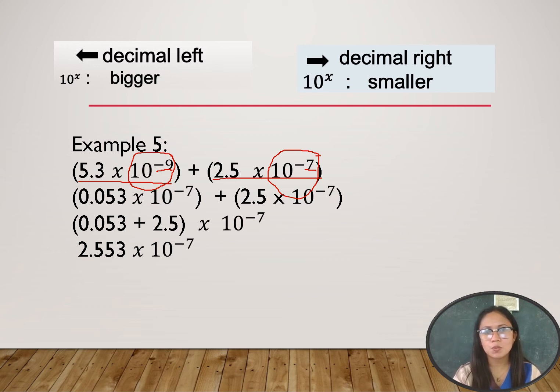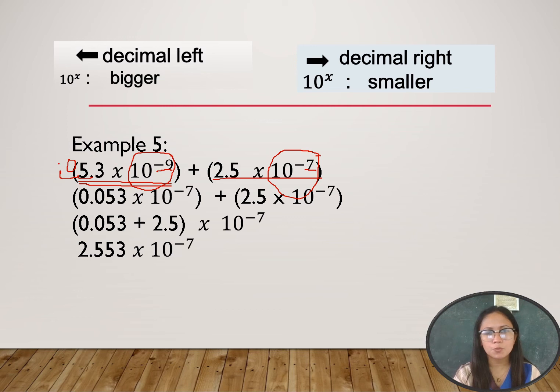So in this case, we can choose this first scientific notation. So our target is to make this one negative 7. So it should be bigger. So we will move it to the left. So how many places? We need to move it 2 places to the left. So we have here 1 and then 2, and we'll add 0, and then we'll put a decimal point.